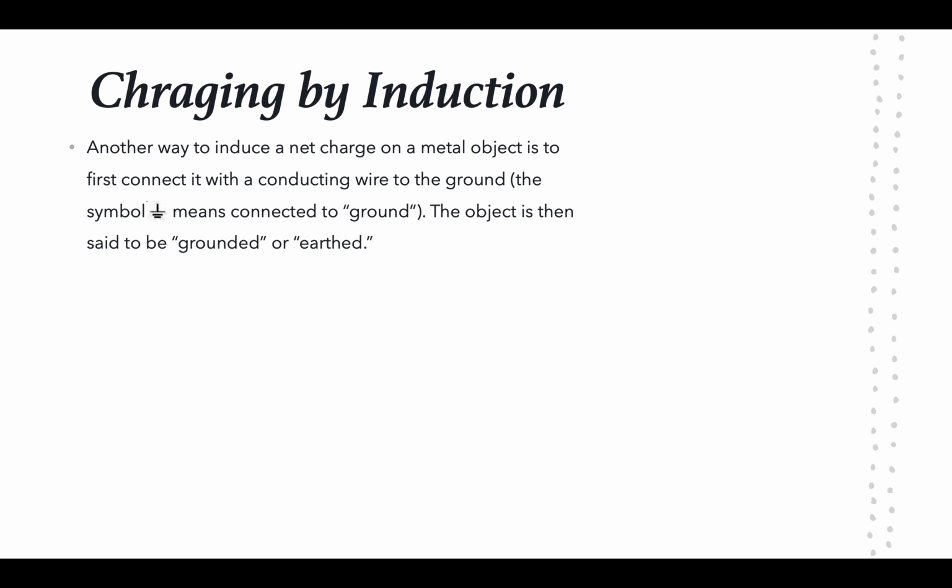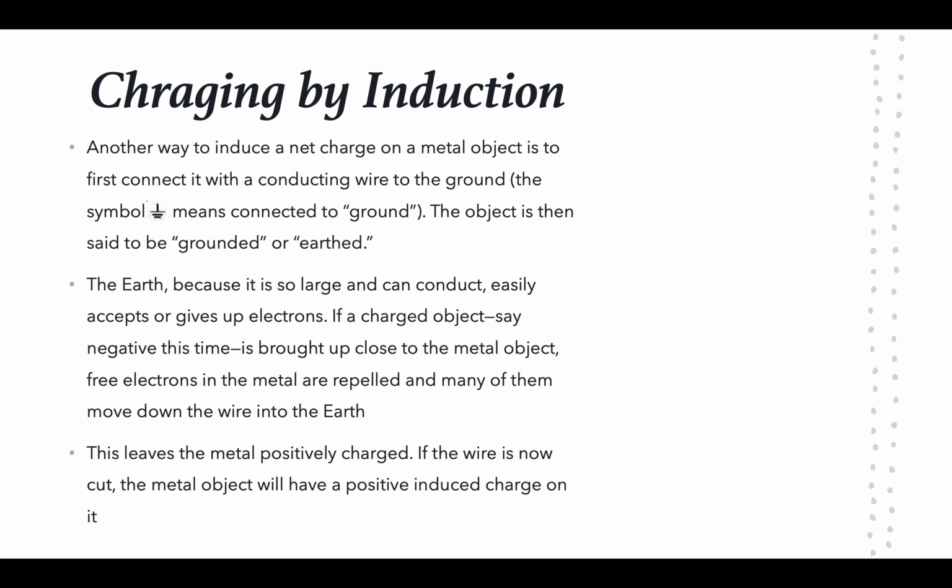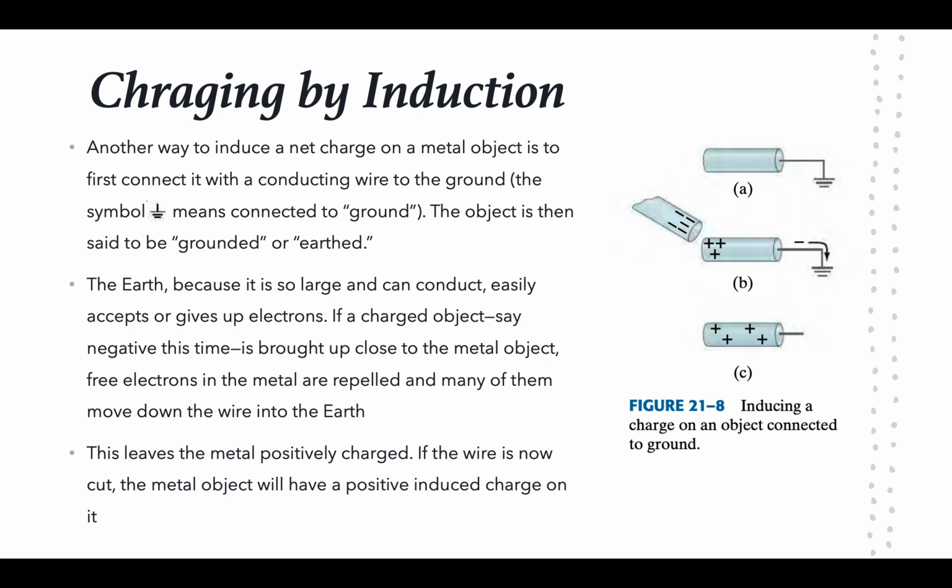And since the earth is very massive, it can freely accept or give electrons easily. Okay? So that means that if we have the same thing, a neutrally charged object connected to the earth with this ground.